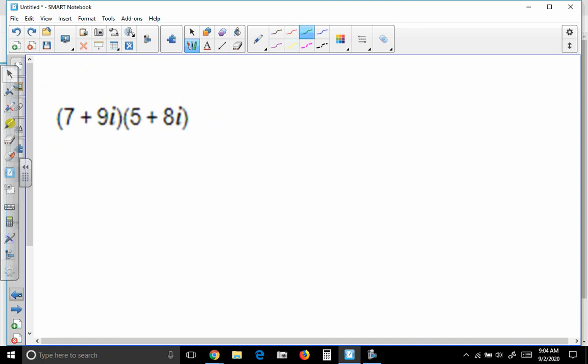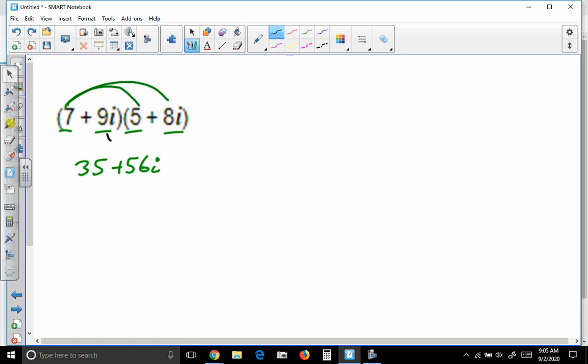So we multiplied on the previous one, so now we're multiplying except instead of two things together, we have a binomial times a binomial. 7 times 8 is 56, and that's times i.